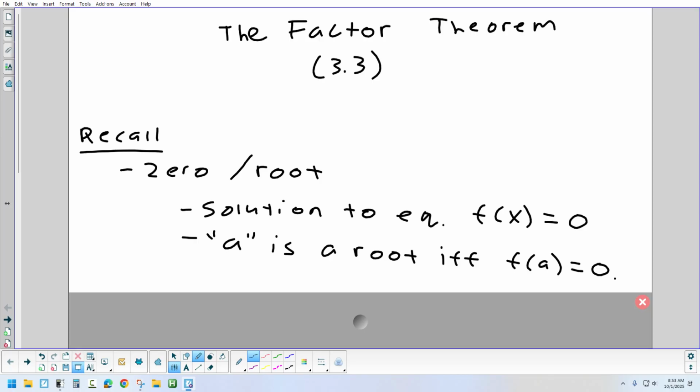So if you find a number that's a root, then if you plug it into the equation, you'll get 0. Or you can read it the other way. If you have a number that you plug into an equation and you know it gives you 0, then that number is a root.